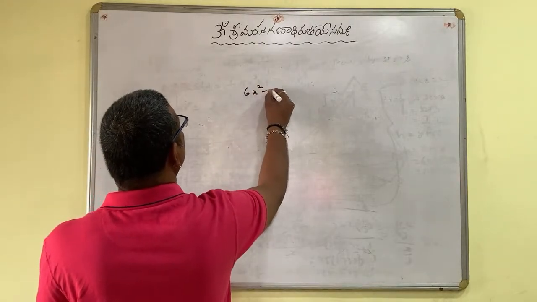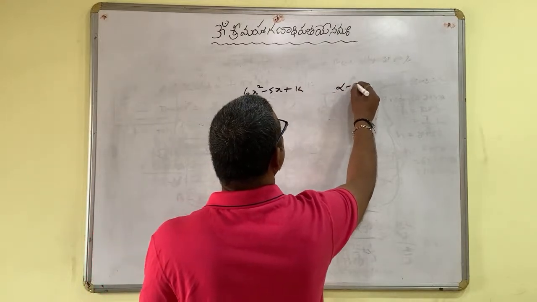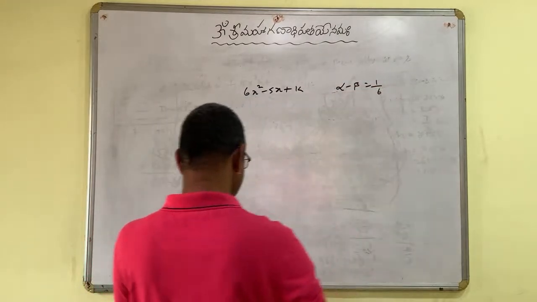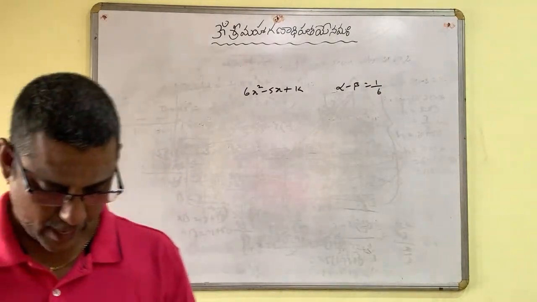Six x square minus 5x plus k. Alpha minus beta is 1 by 6. Find the value of k.